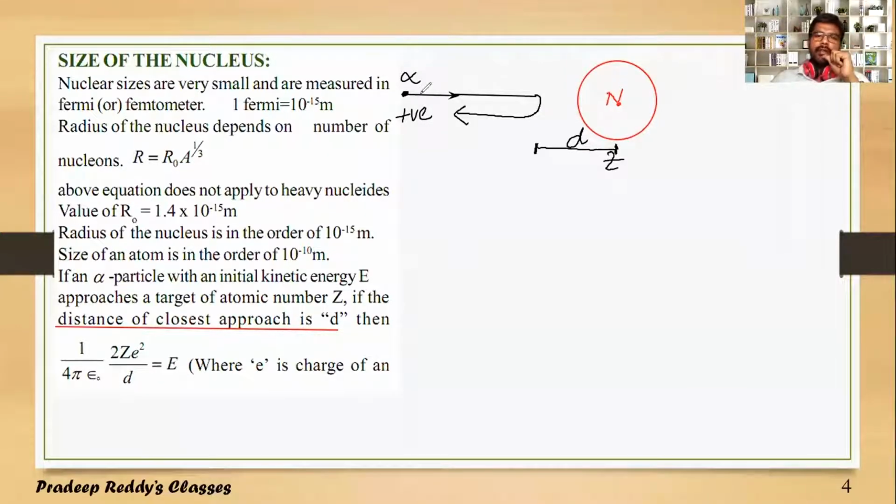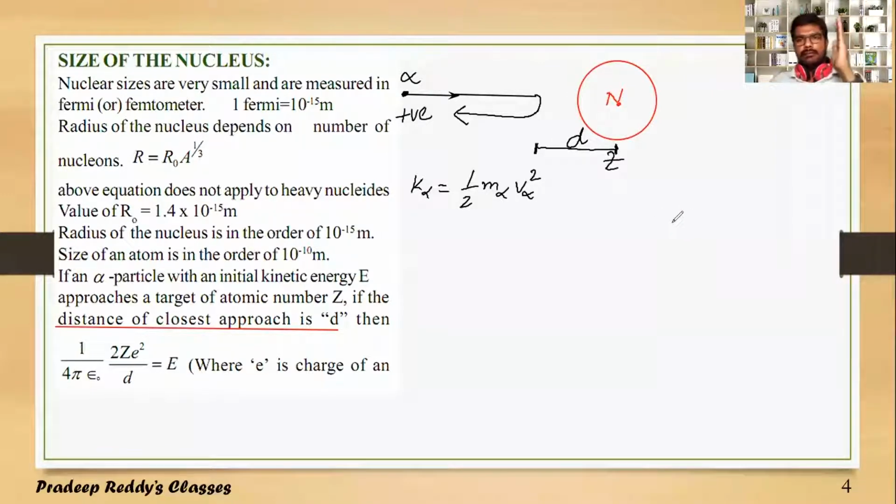It's because when the alpha particle is in motion, it has some kinetic energy. Let me consider the kinetic energy of the alpha particle as half into mass of alpha particle into velocity of alpha particle whole square, where this is V alpha. That's the kinetic energy of the alpha particle.